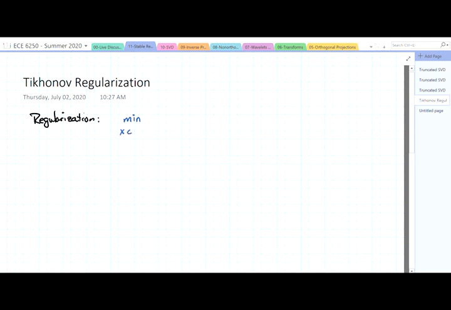And so we want to minimize, as before, we want to choose an x that minimizes our observation error. So we choose an x that minimizes the difference between our observation y and A times x. That's our goal, and we've talked about that.